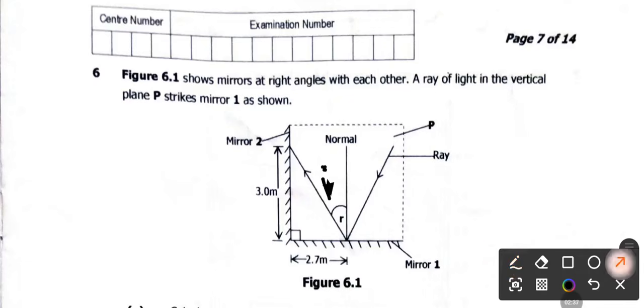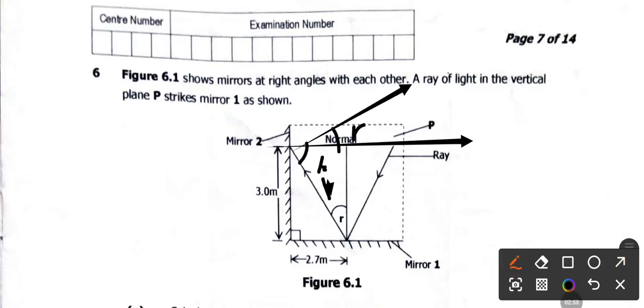So let's draw how its normal is going to be. The normal will be like that, and the reflected ray when the incident ray strikes mirror 2 will be something like that.